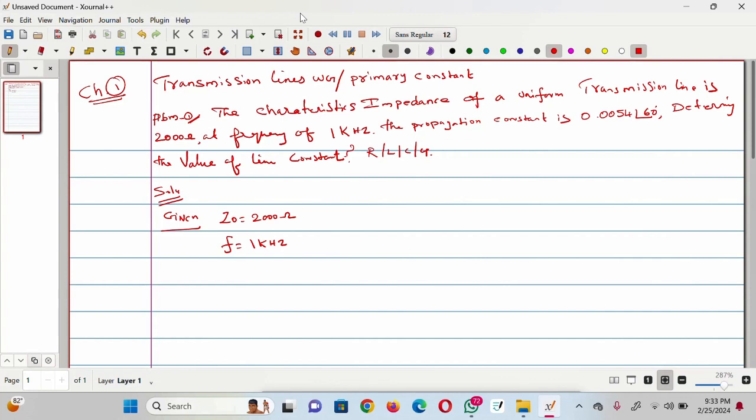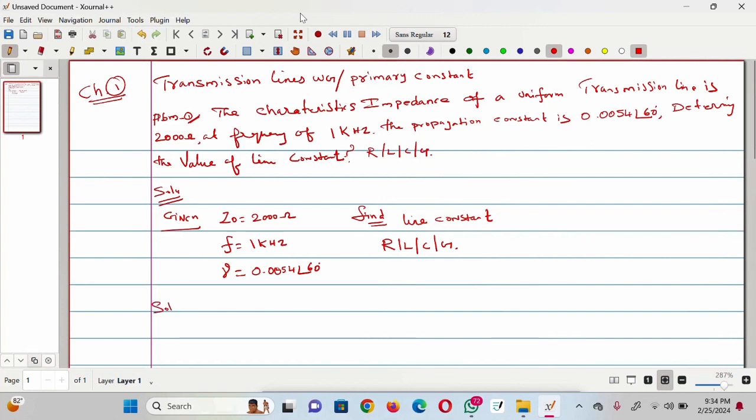Then propagation constant equals 0.054 angle of 60 degrees. So these are the given data. What are we going to do? Find the line constants, that means the R, L, C and G parameters.